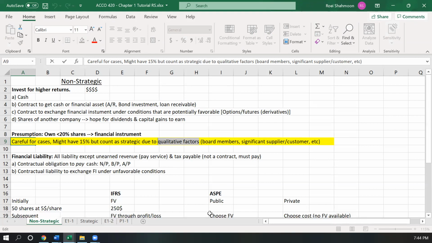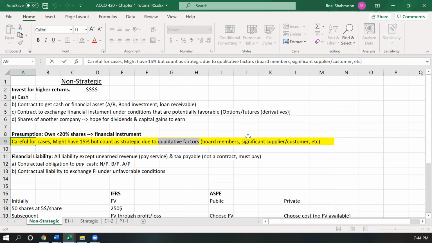Any qualitative factor like that would ring some bells and tell you, look, this 15% is throwing me off, because the qualitative factors lead me to believe this is not non-strategic, but in fact a strategic investment.